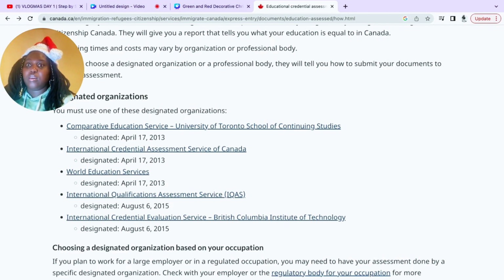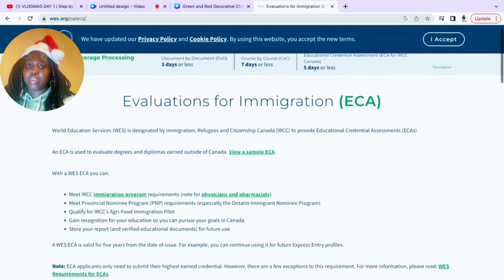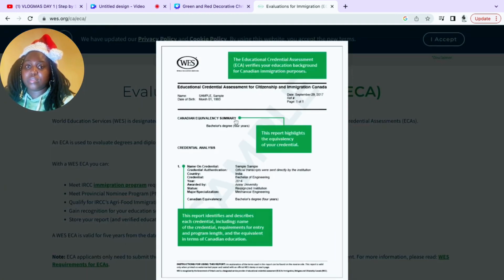I'm not going to name names because I don't know who did what. I did mine with World Education Services, and it was pretty simple. Let's see here. This is how it would look.